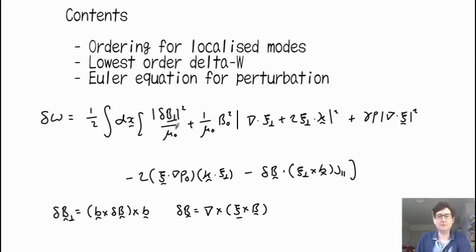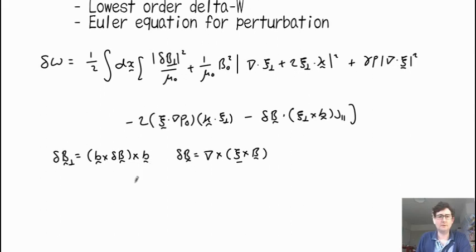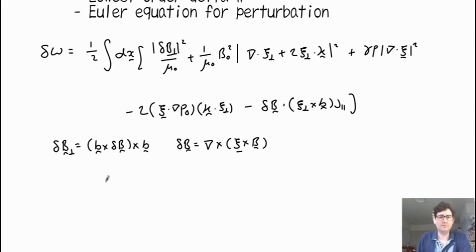Okay, so now we're going to consider perturbations which are localized, and so the gradient is large. We have a gradient of the perturbation of any component divided by its magnitude. It's going to be a large quantity, like 1 over epsilon, where epsilon is small.